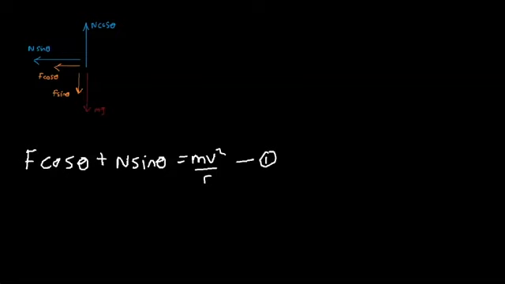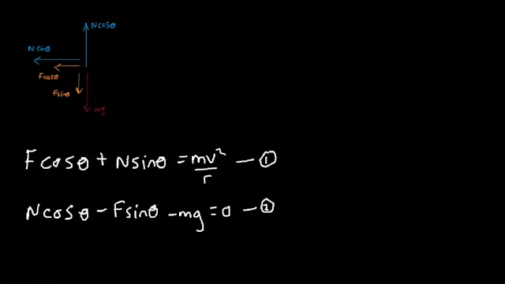Let's call this our equation 1. We can see that the centripetal force now relies not only on friction, but also on the normal force exerted by the road on the car. Now, since the car does not move in vertical direction, we can also write N cos θ minus F sin θ minus mg equals 0. And we call this our equation 2.